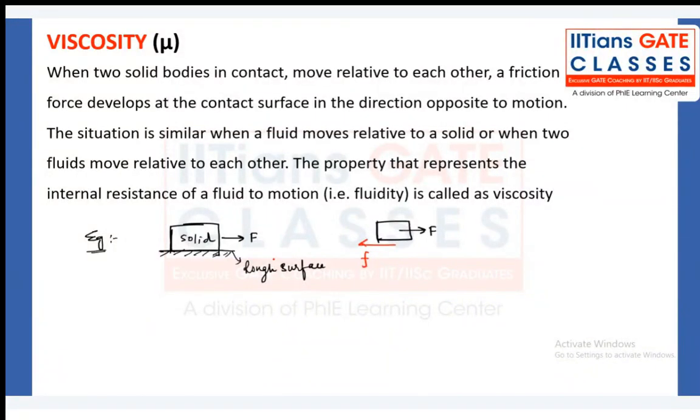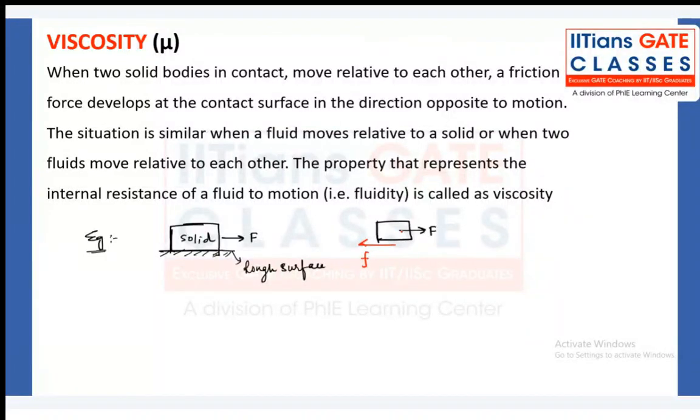Whenever motion starts between the solid object and the rough surface, the rough surface will offer a friction force and try to oppose the motion of the solid object. That is what happens in solid mechanics, or engineering mechanics, in the solid world.